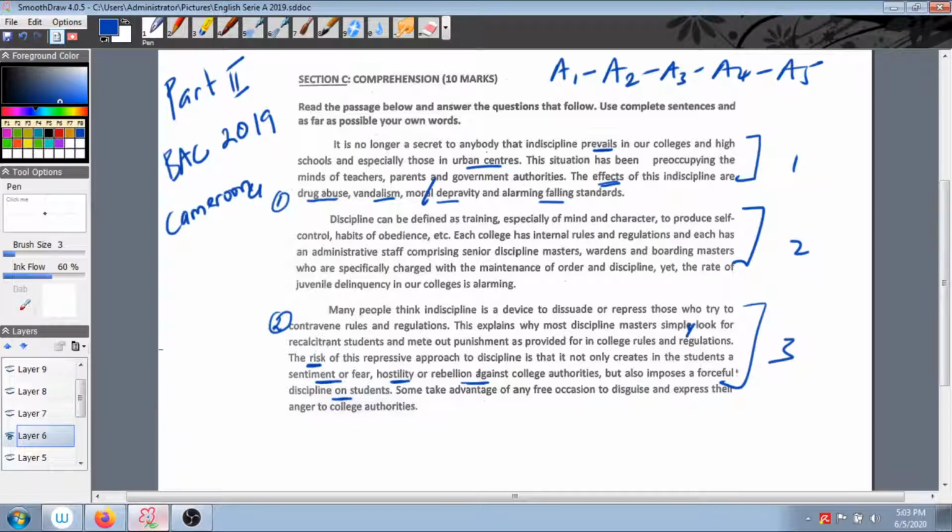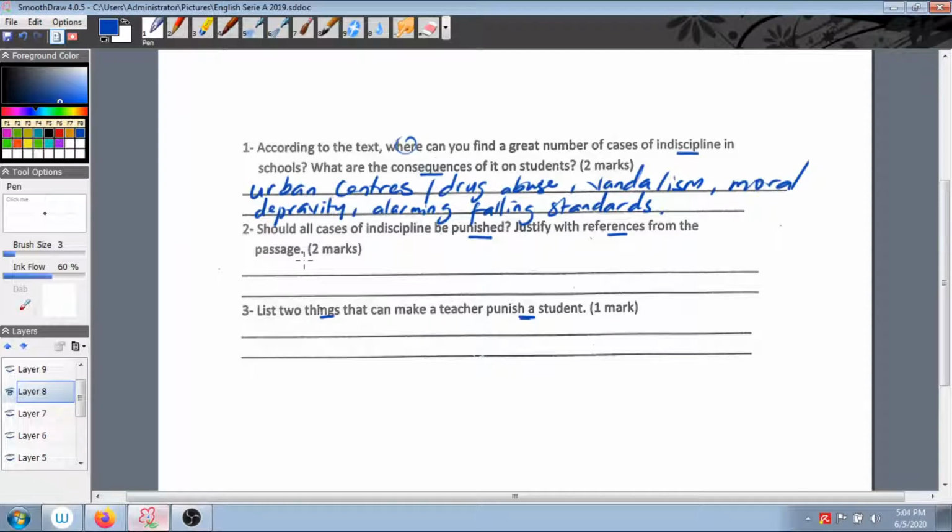Right. So what do we say? Going to answer the questions. Should all cases of indiscipline be punished? The answer, obviously, no. If you ask me, then how do you know it's no? Because the text says there is a risk to punish or to just discipline systematically. So, no. Now, justify with references to the passage. As I said before, systematic discipline creates a feeling of fear.